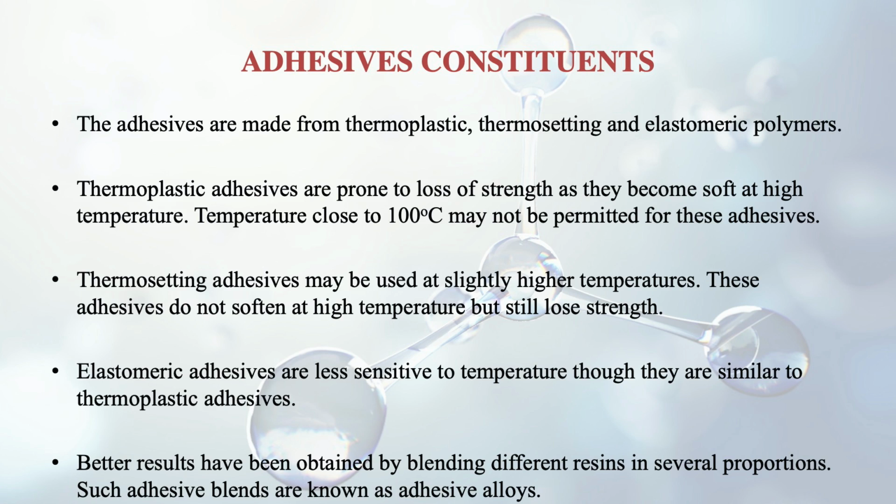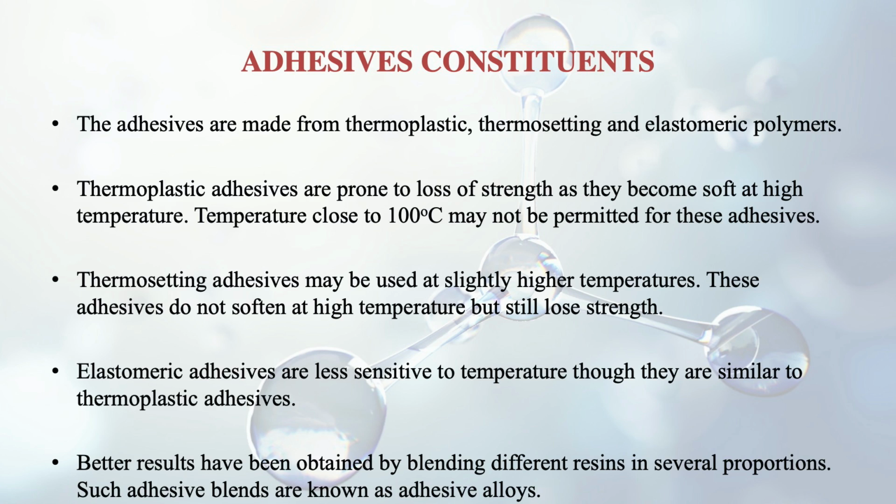So somewhat better is elastomeric type of adhesive because it is less sensitive to temperature, and better results have been obtained by blending the different resins in several proportions. So if we want to get even better results, we can blend these things, thermoplastic and elastomeric. Such adhesive blends are known as adhesive alloys.